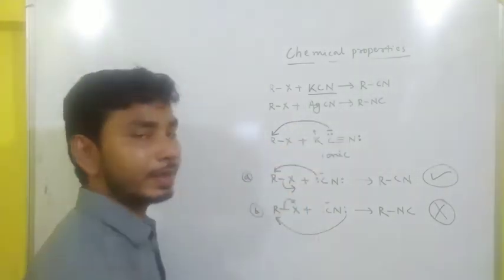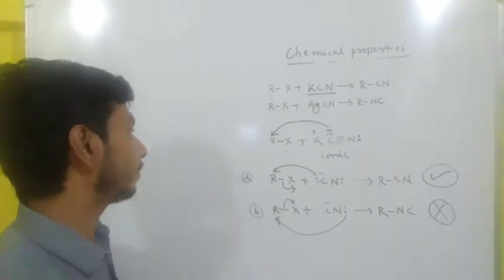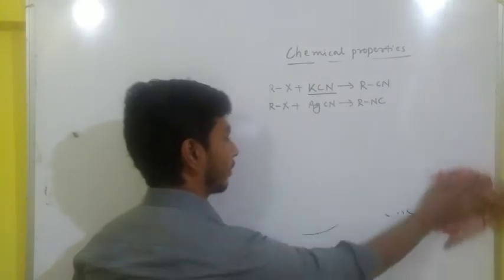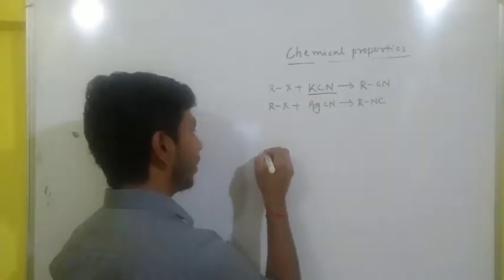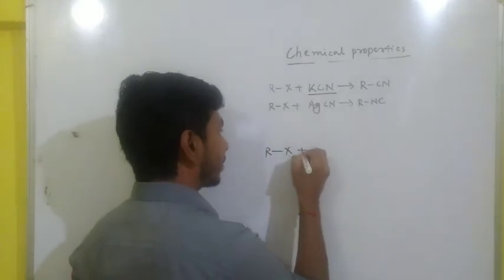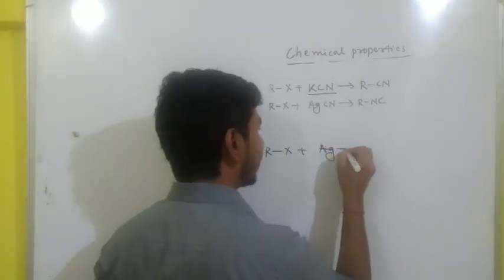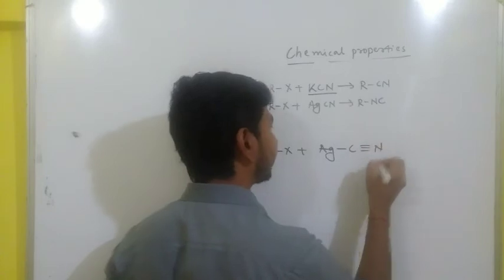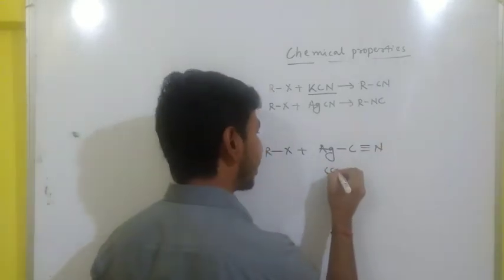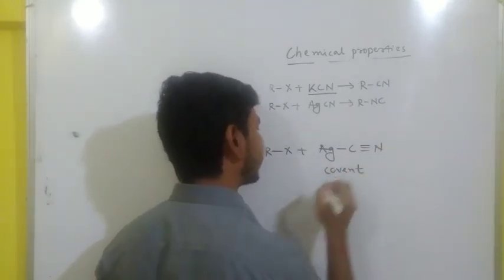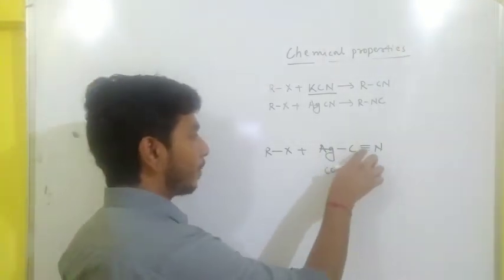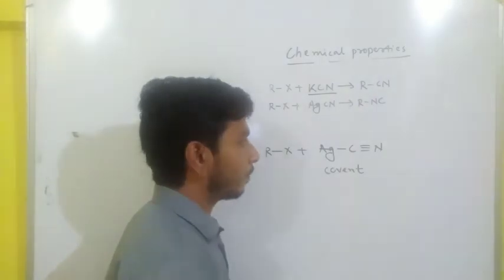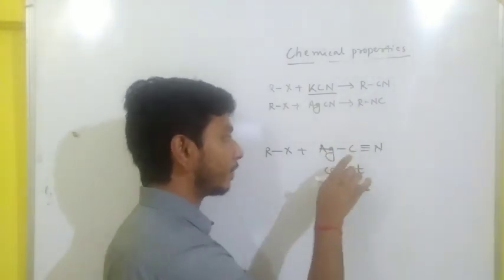Now come to AgCN. So RX plus AgCN. It is a covalent compound. Now here the valency of the carbon is 4. The valency of the carbon is satisfied.